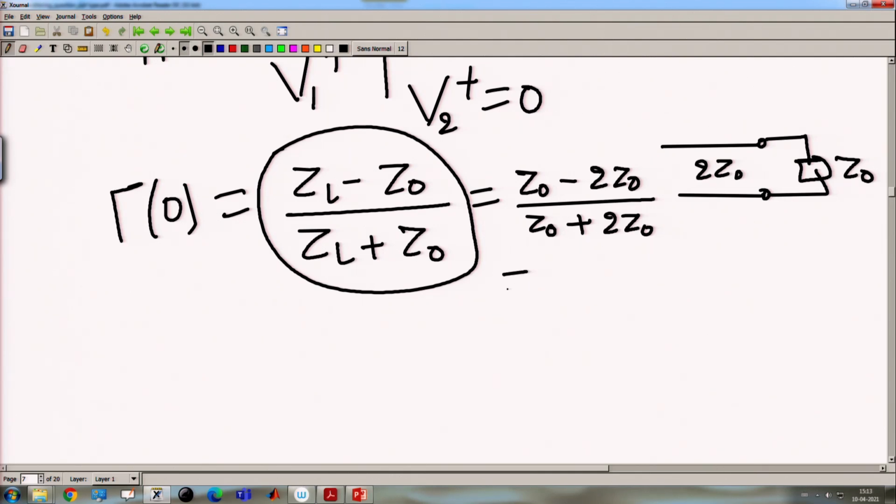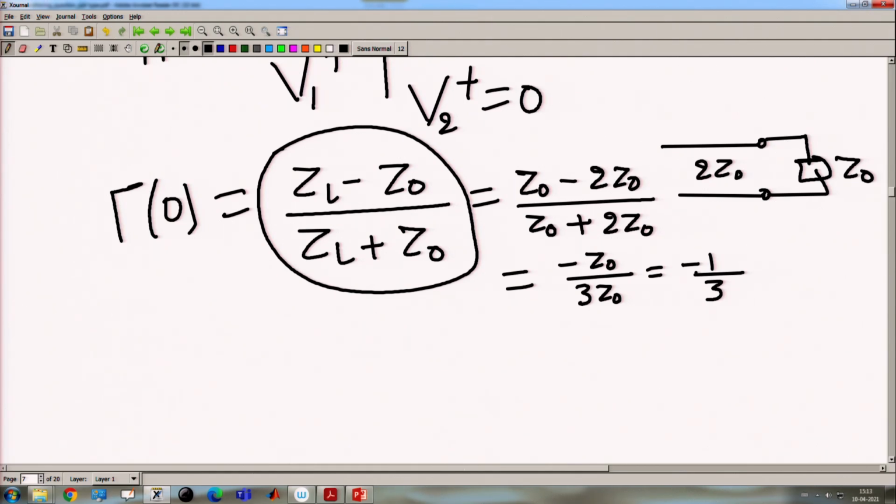After solving, it comes to minus Z naught divided by 3 Z naught, equal to minus 1 by 3. So, gamma 0 will be minus 1 by 3.